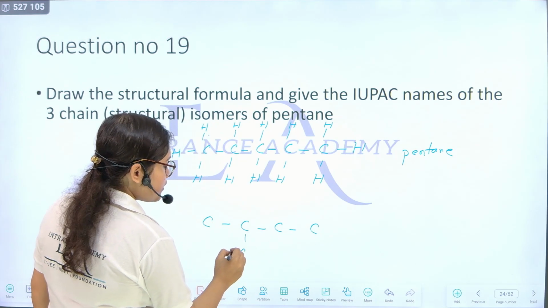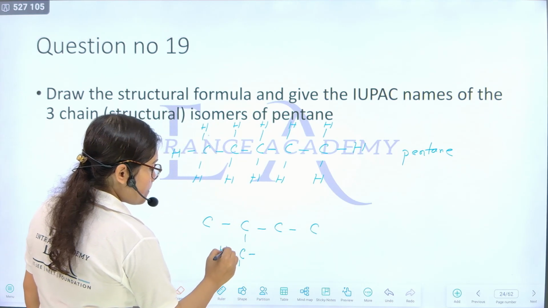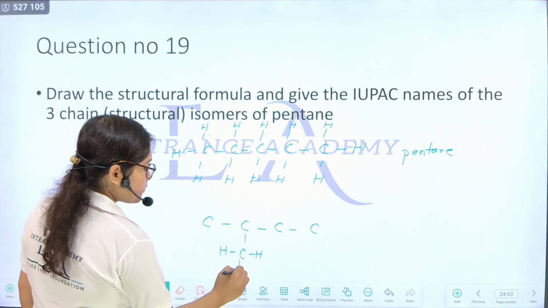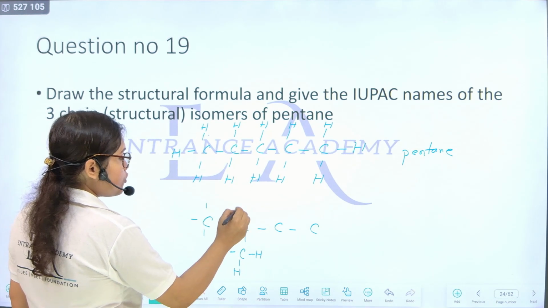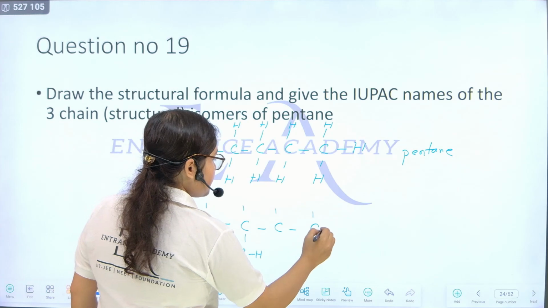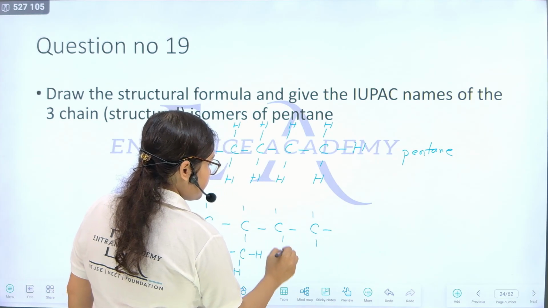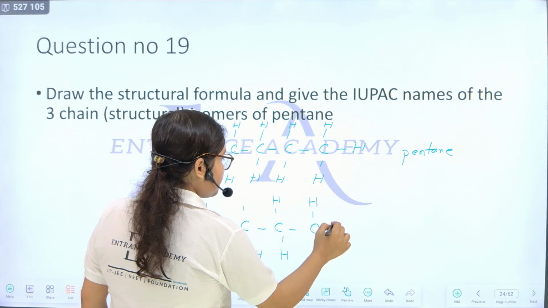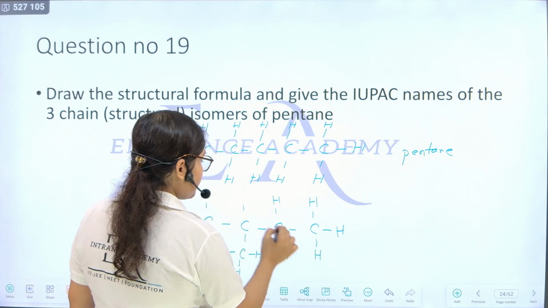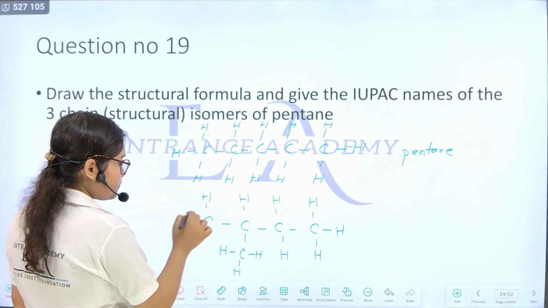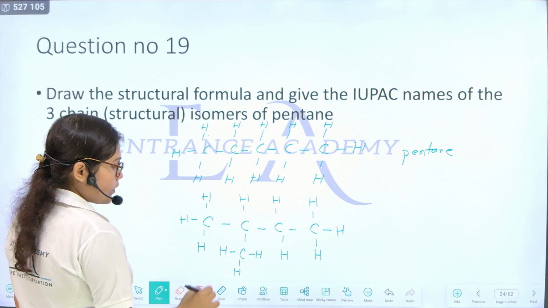Another isomer is this. We have to arrange those isomers in this manner. The structural formula of the second isomer of pentane is this.